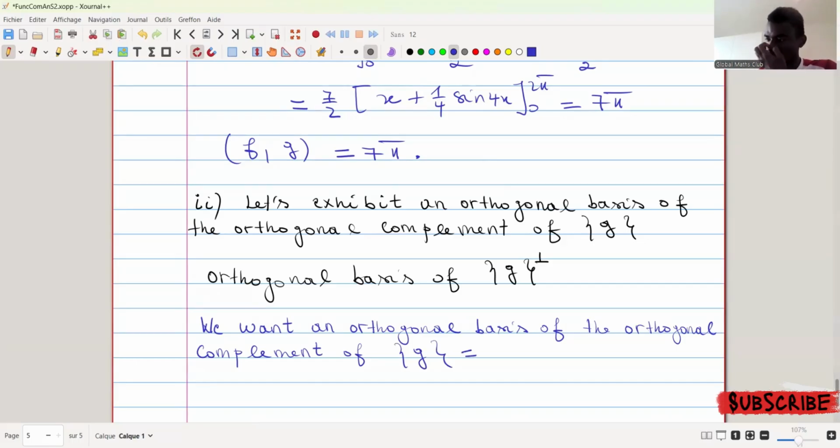Don't forget that J was like cos 2x. So this one is going to be just the span of cosine 2x, since J is cosine 2x.